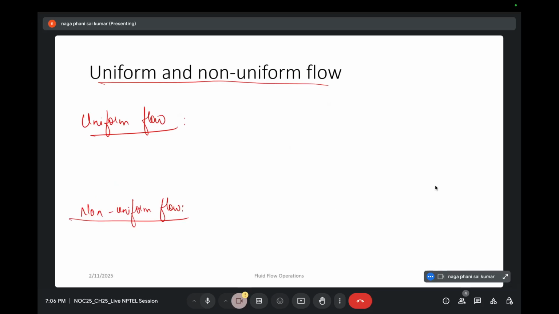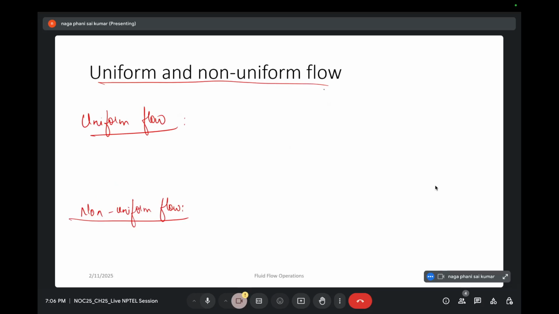In steady state flow, steady means the parameters are not changing with respect to time. Whereas in uniform flow, the parameters will be constant with respect to space or with respect to the coordinate. So it will be the same at every point. It can be changing with time.